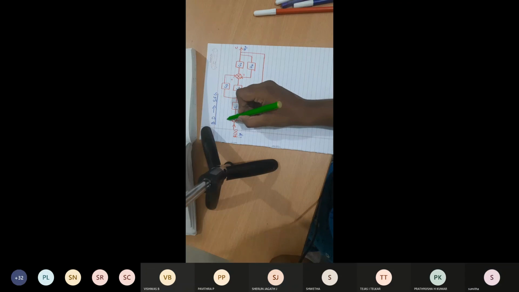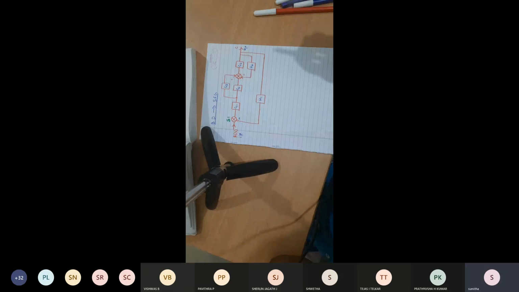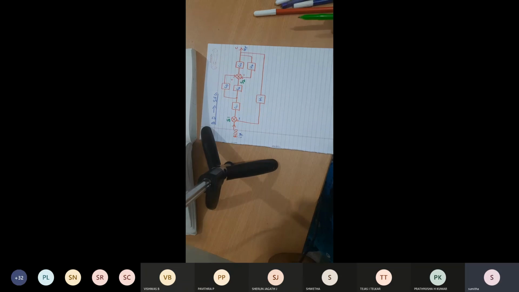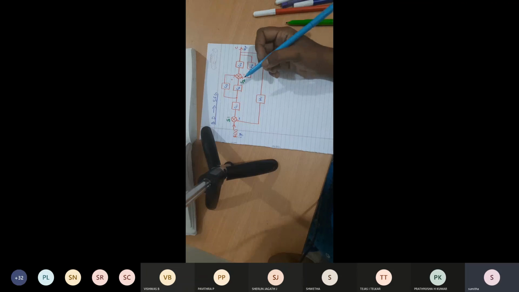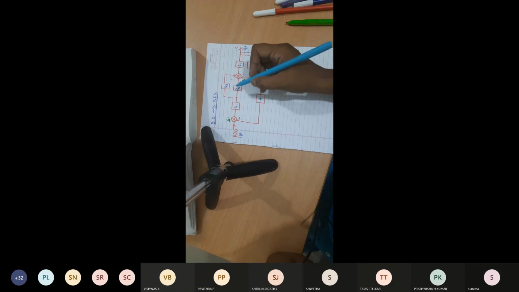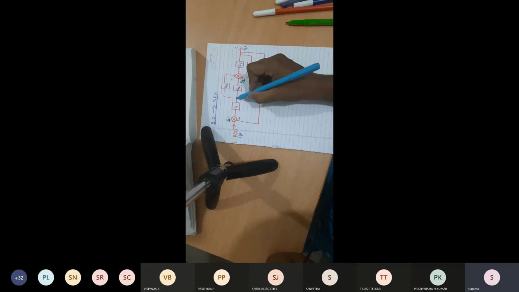Yes, ma'am. So this one I will name as S1, my summing point, and this summing point I will name as S2. You do it along with me. You write summing point S1 and S2. Takeoff point: this is one takeoff point, right? I will name it as T1.